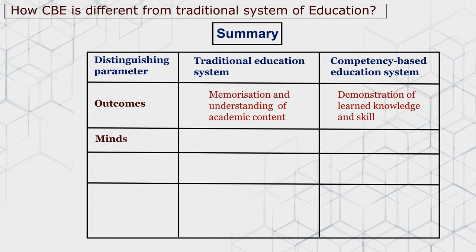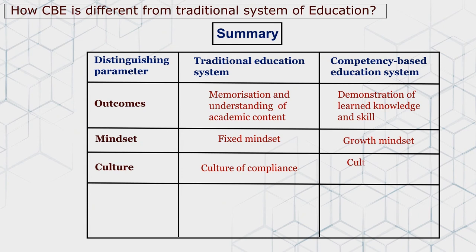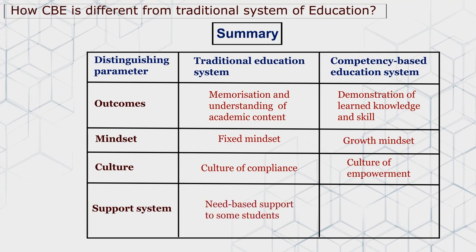The traditional education system is based on a fixed mindset ideology, whereas a competency-based education system is based on a growth mindset ideology. The traditional system believes in encouraging the culture of compliance, but CBE encourages the culture of empowerment. The support system in the traditional system is need-based for a few students, whereas it is a differentiated instruction support system for all the students in CBE.